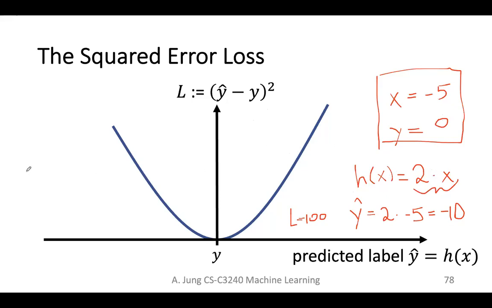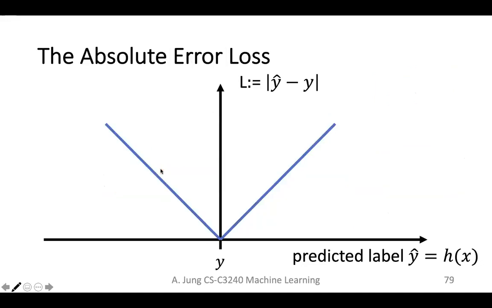So formally, a loss is a function that reads in a data point, which has a feature and a label value, which we need to know. Otherwise, we cannot evaluate the loss. And a hypothesis map, so some candidate for the hypothesis map. In this case, we have this hypothesis map. It's one possible hypothesis map, and we get a number out of it. So for this example, this number is 100. So we have defined a rule that reads in a data point and a hypothesis and outputs a number.